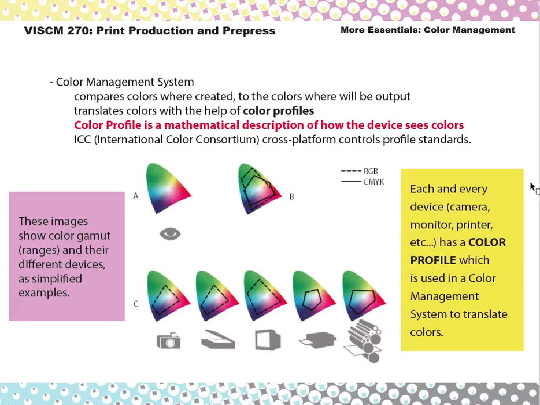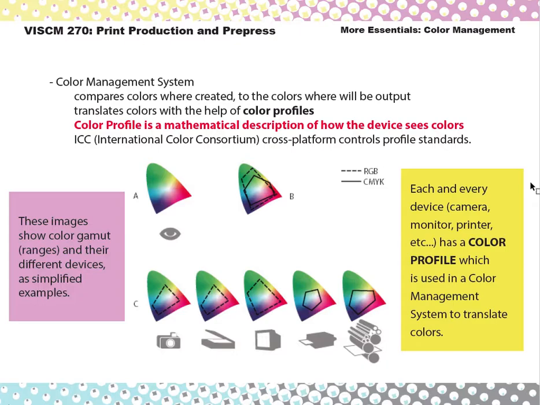So every time an image is created, either through a camera or scanner or through your Adobe applications, a profile is assigned to it, and that profile tells the color management system what colors it sees and its mathematical formulas for making those colors, because they are different.